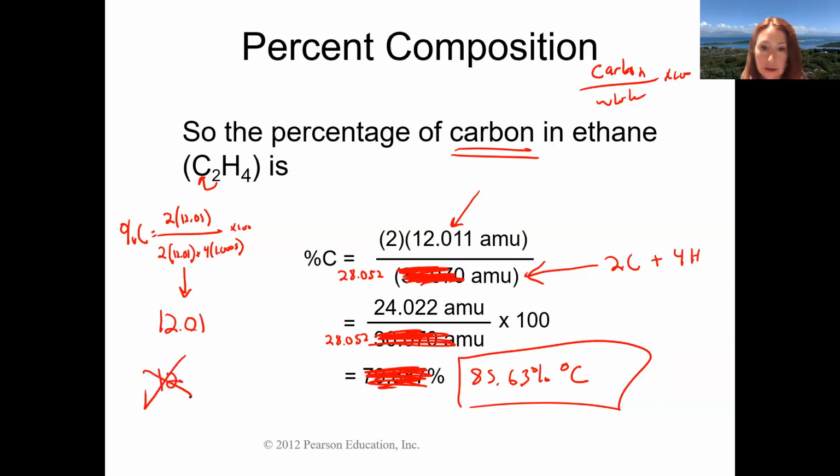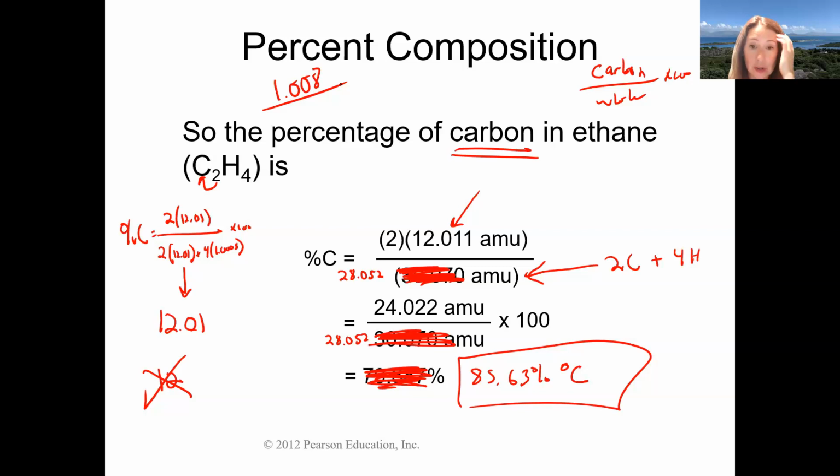Don't round it to 12. Keep 2 places past your decimal. If you round your molar masses and you've got something big, it's going to make your answer far enough away that you're going to end up with a wrong answer. So always keep at least 2 places past. You can go more than 2 places past, but keep at least 2. Like for hydrogen, I always keep 1.008. Some people round that to 1, I don't.